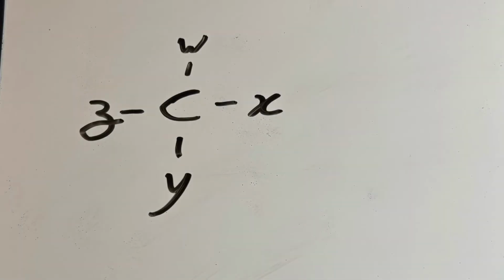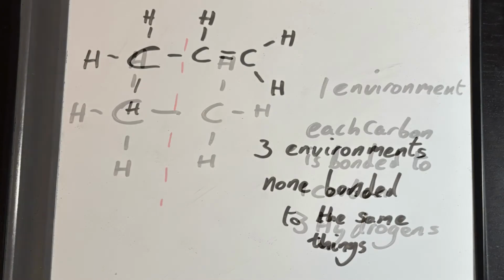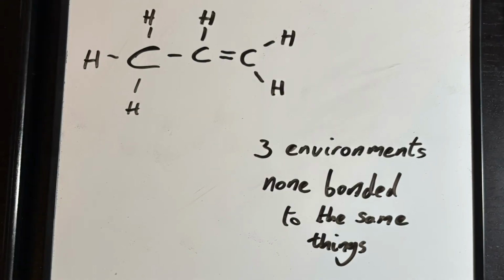So the first way to check environments is to look at what each carbon is bonded to. So in this one here, there is one environment because each carbon is bonded to 1 carbon and 3 hydrogens. Whereas in this, there are 3 environments because no carbons are bonded to the same number of hydrogens.